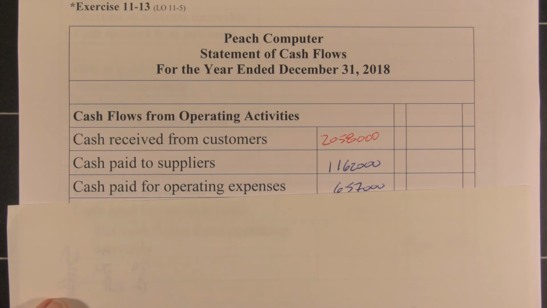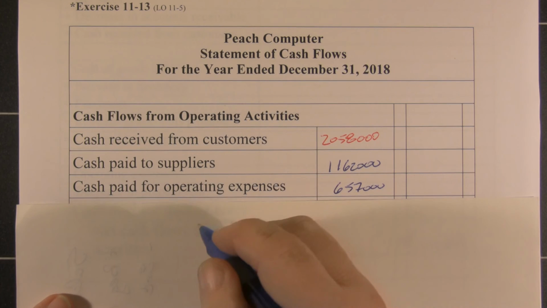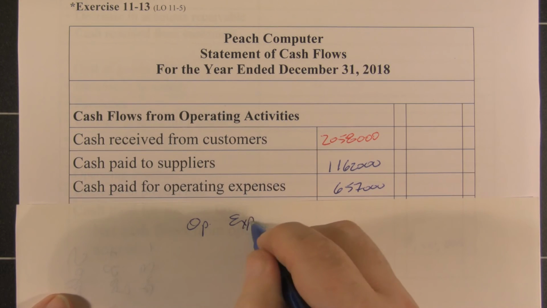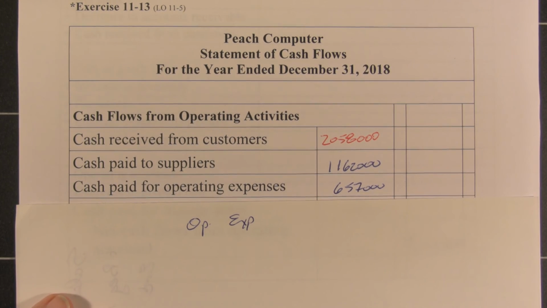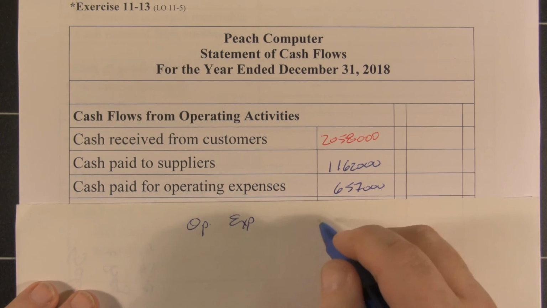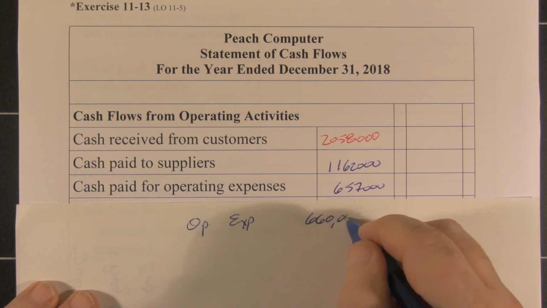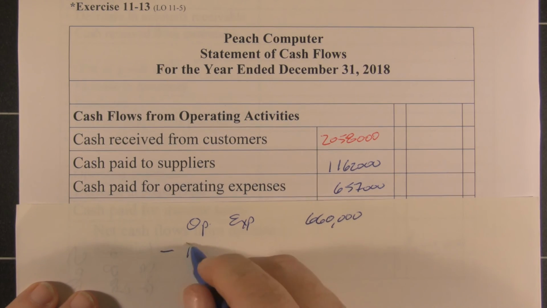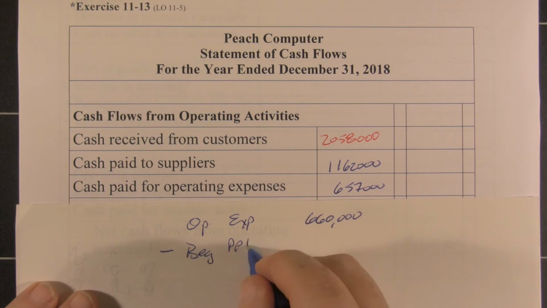Now, cash paid for operating expenses, and this holds true for anything where you have it prepaid. So we're going to take operating expenses, and we had a prepaid in there. Operating expenses were $660,000 on the income statement, to which I'm going to subtract my beginning prepaid of $7,000 because I paid that last year.